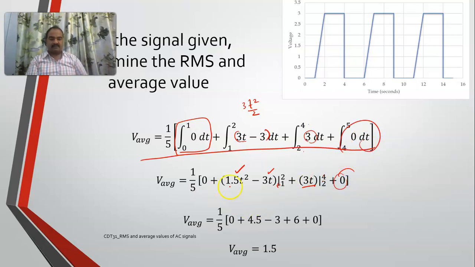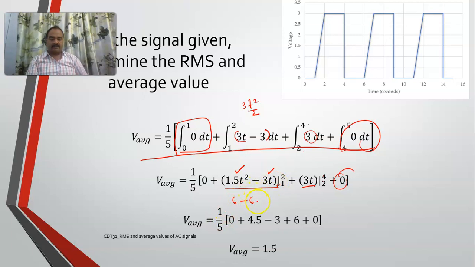Right. So first of all, let me substitute 2 here. If I substitute 2, I'll get 1.5 into 2 square. 2 square is 4. 4 into 1.5 is 6, minus 3 2s is 6. I'll get 0.